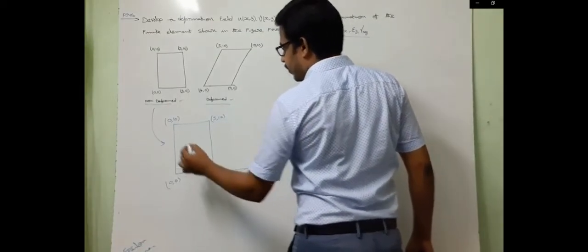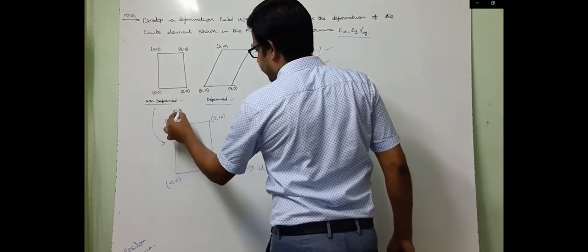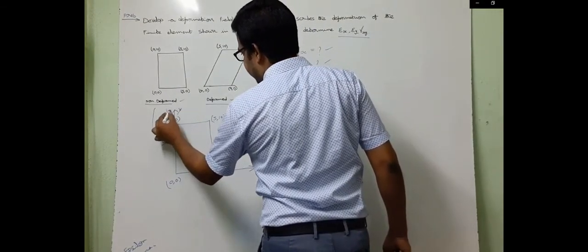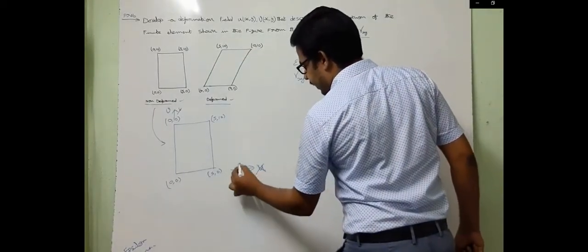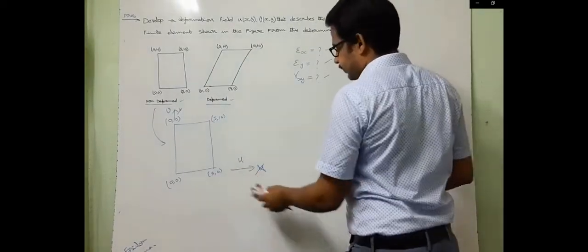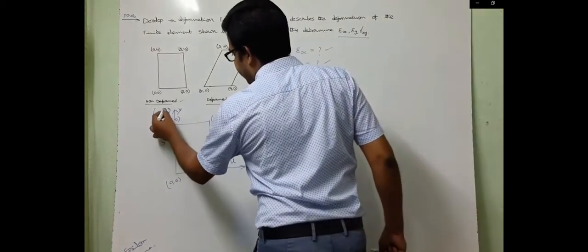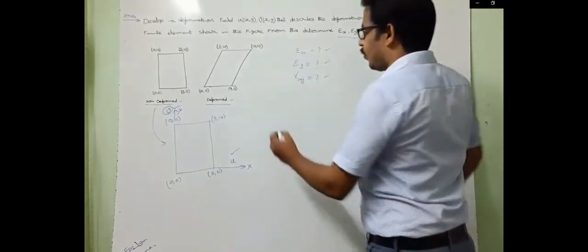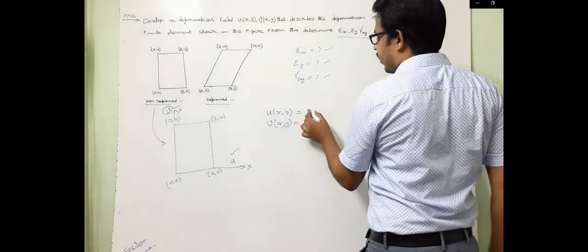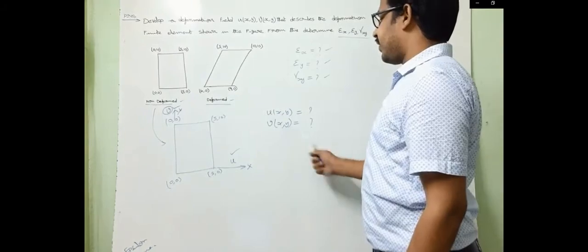Along the x direction we have displacement u, and along the y direction displacement v. Now we need to calculate u of x comma y and v of x comma y.